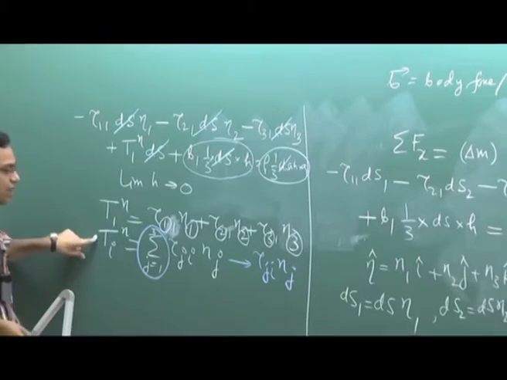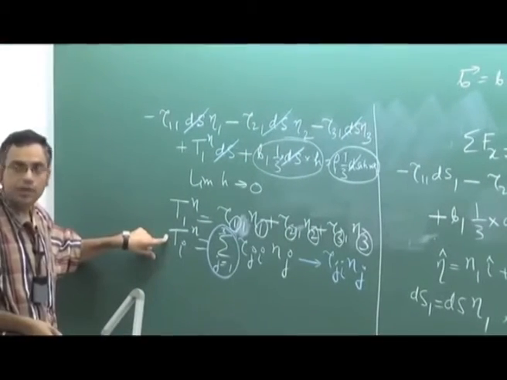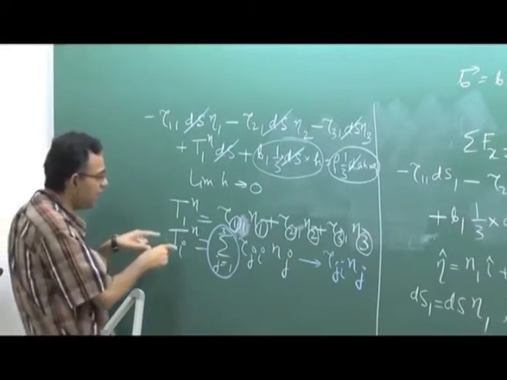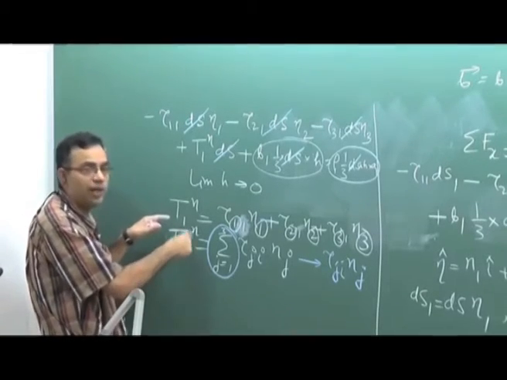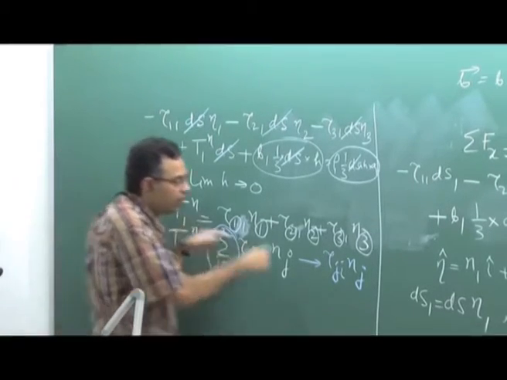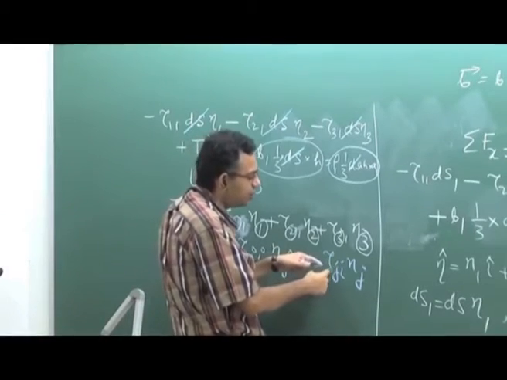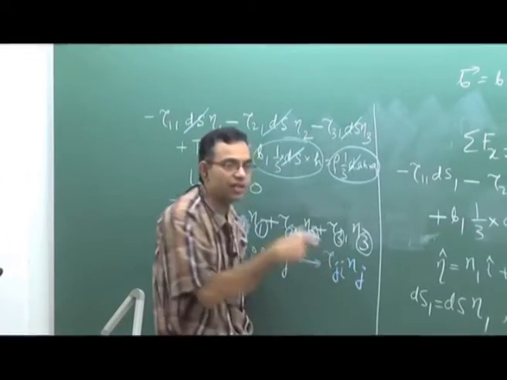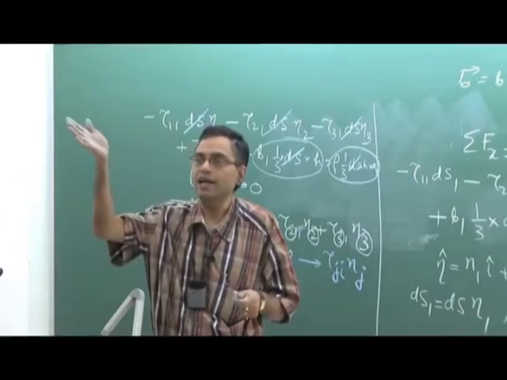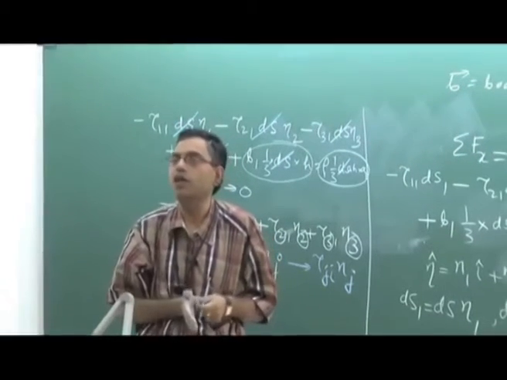So, this equation is a remarkable equation which relates the traction vector on any arbitrarily oriented plane with the traction vector or the stress tensor components on surfaces which are oriented either along x or along y or along z.